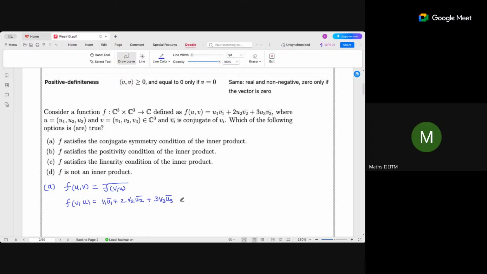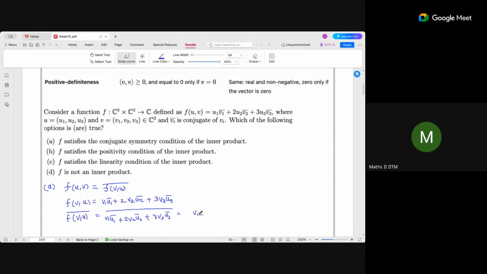Now, what is the conjugate of f of v comma u? We have to take the conjugate of the whole thing: v1 u1 bar plus 2 v2 u2 bar plus 3 v3 u3 bar, whole conjugate.